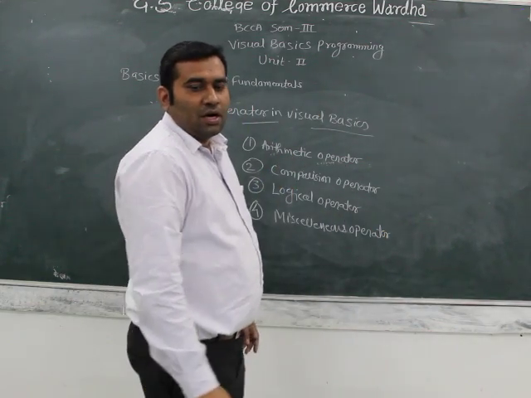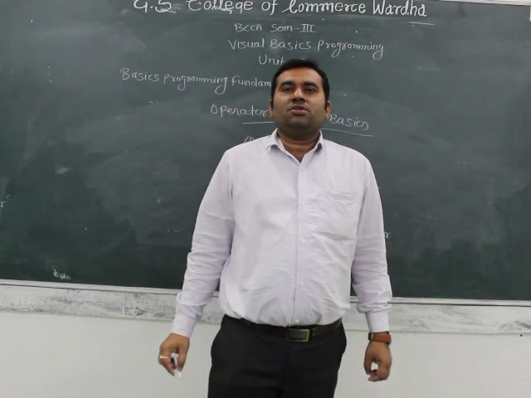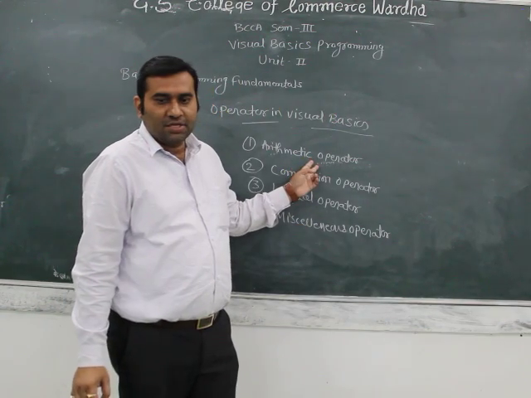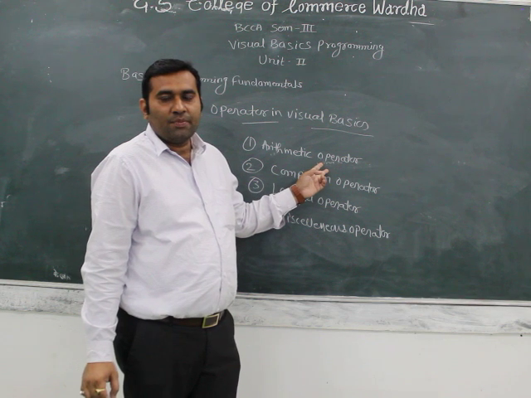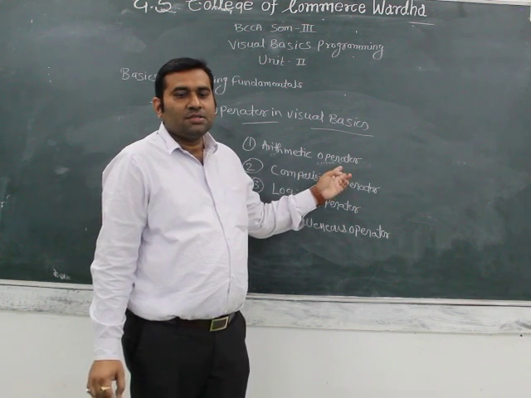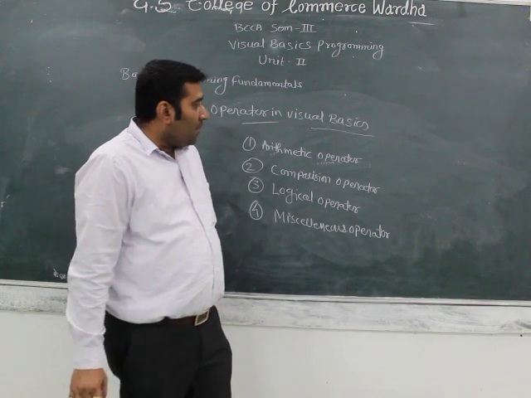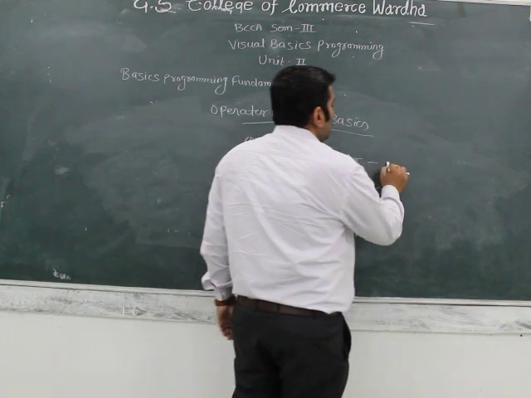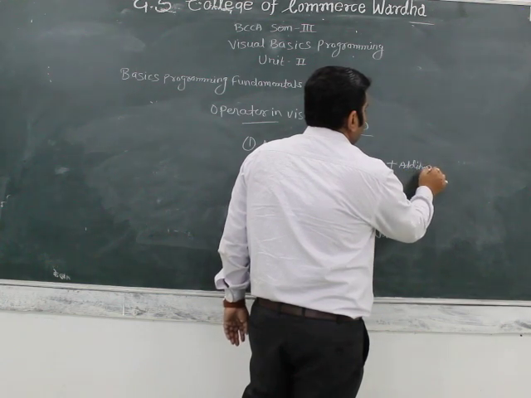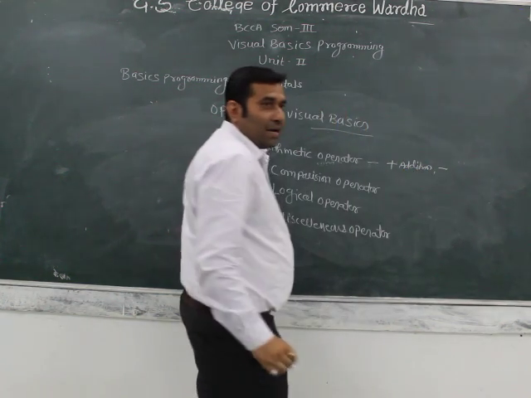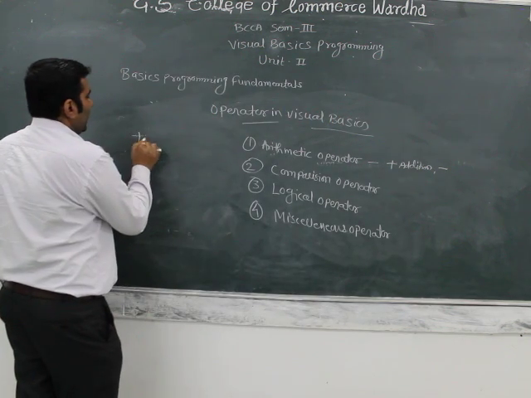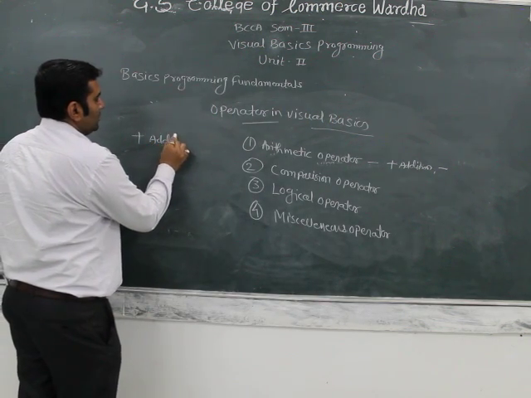First is the arithmetic operator. These operators are used to perform addition, subtraction, multiplication, division, exponentiation, modulus and the string connector. For addition, use the plus symbol. For subtraction, the minus symbol. For multiplication, the star symbol.